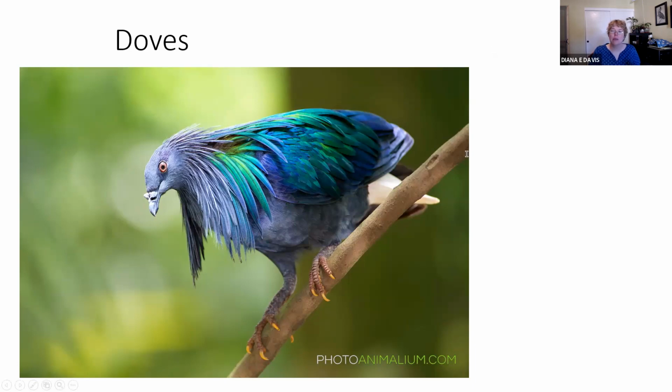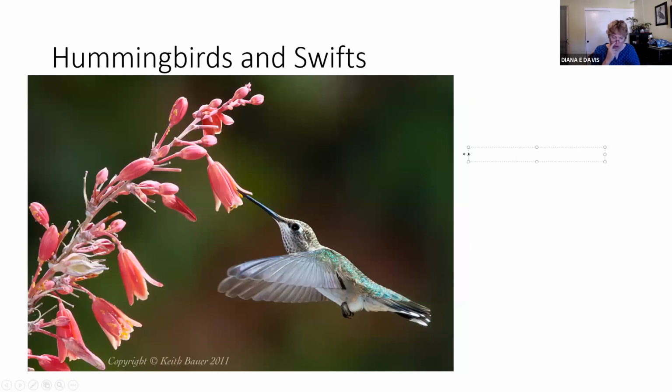Okay, hummingbirds and swifts. These two groups of birds are closely related to each other, and they generally have small feet, and they're not great at perching.